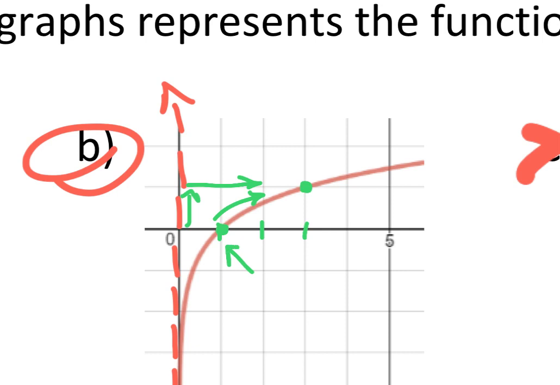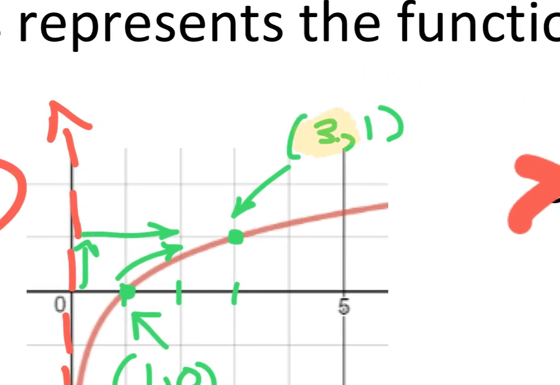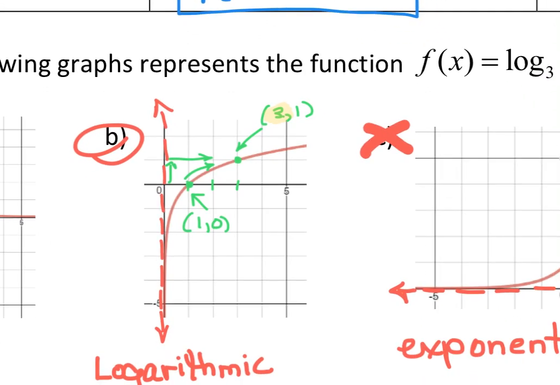So this point is 1, 0, and this point here is 3, 1. That 3 right there, that's the base of your logarithm. So that means that it's log base 3 of x.